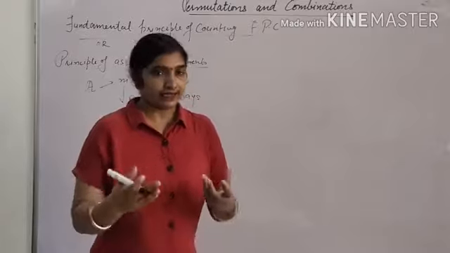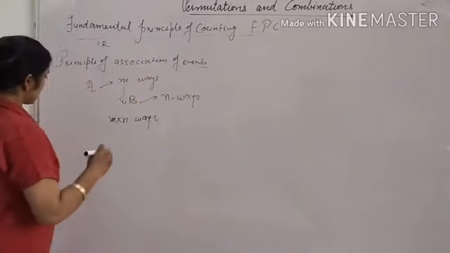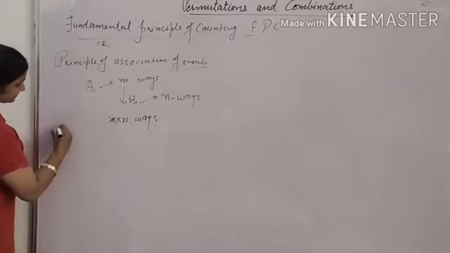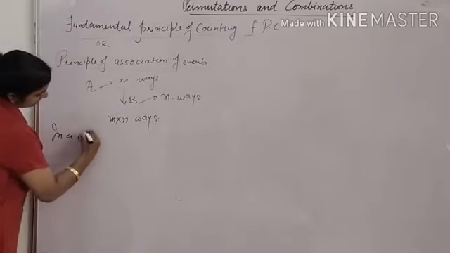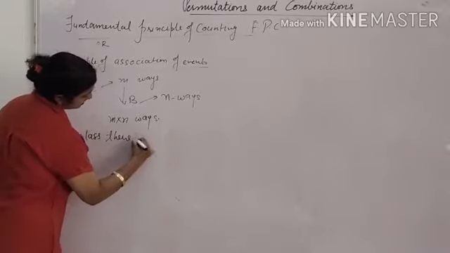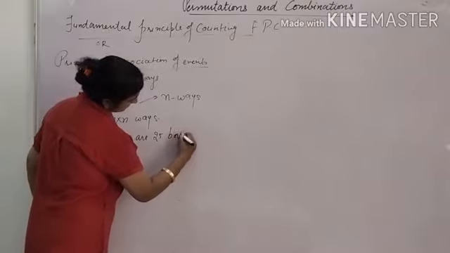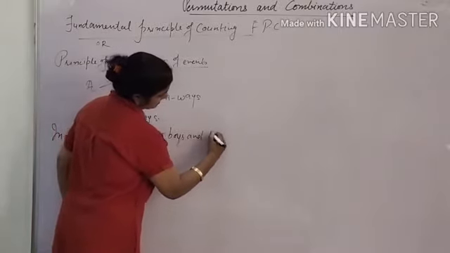Okay. It can be made more clear with the help of an example. Suppose in a class there are 25 boys and 15 girls, right?